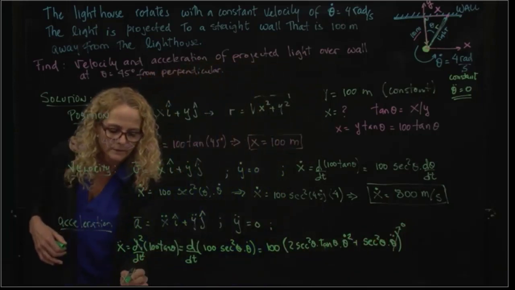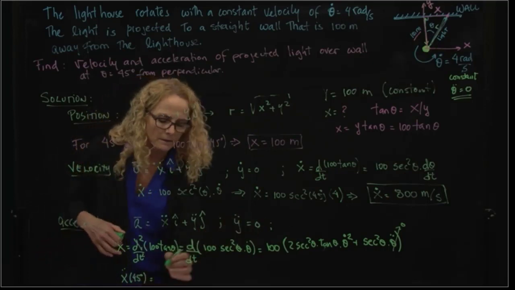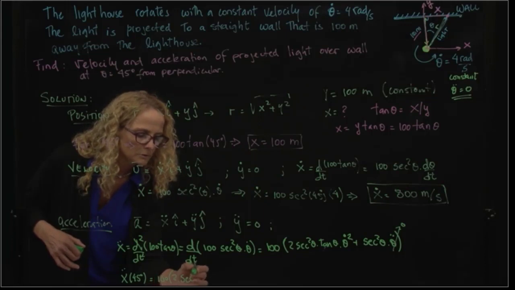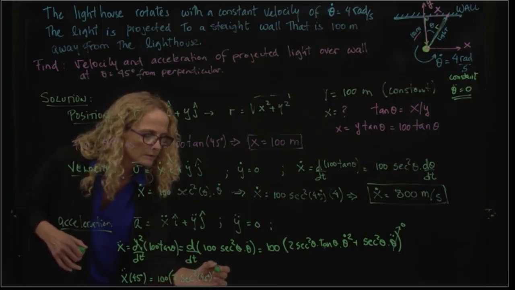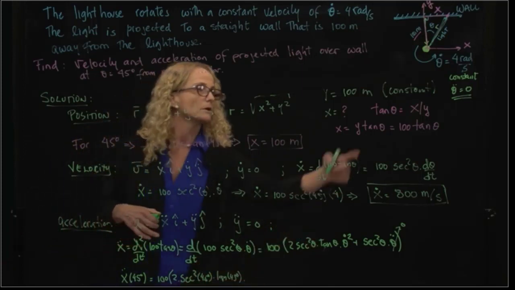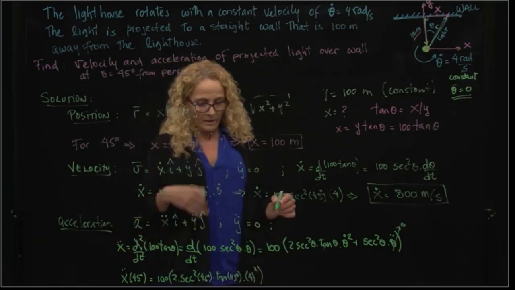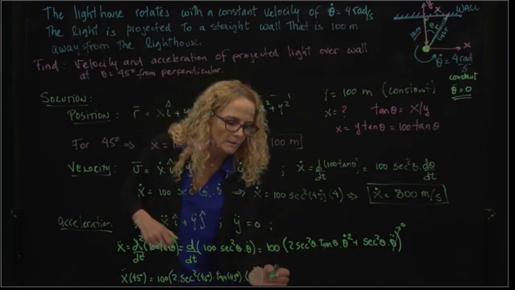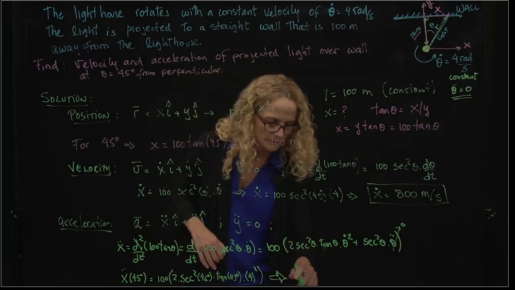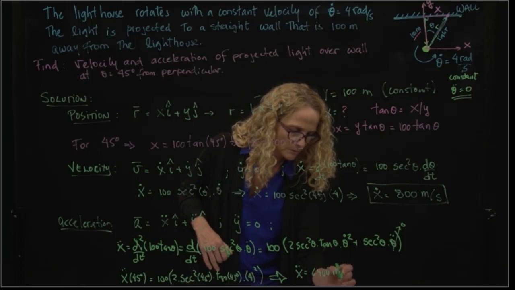Then we have that the expression for 45 degrees will be 100 times 2 secant squared of 45 degrees times tangent of 45 degrees times the velocity squared, and that gives me a value of 6,400 meters per second squared.